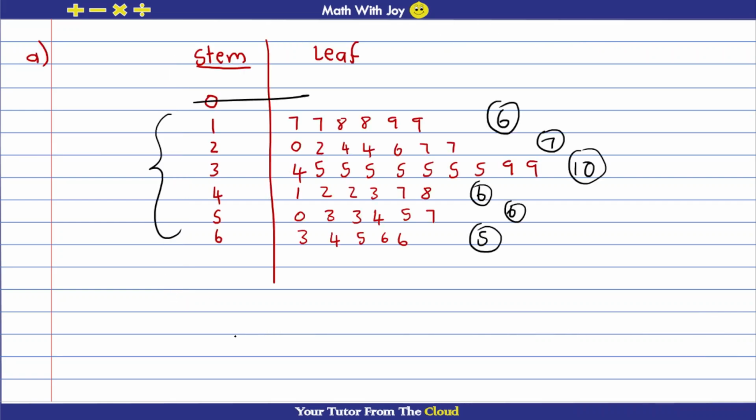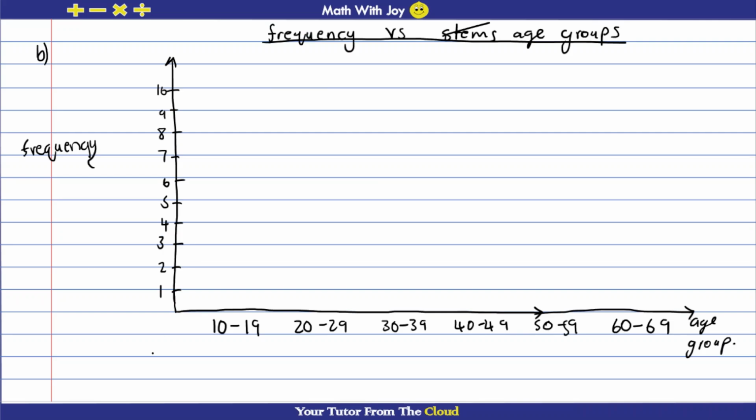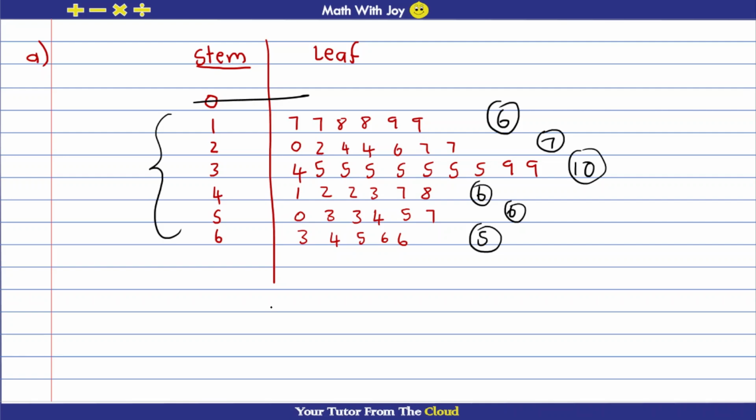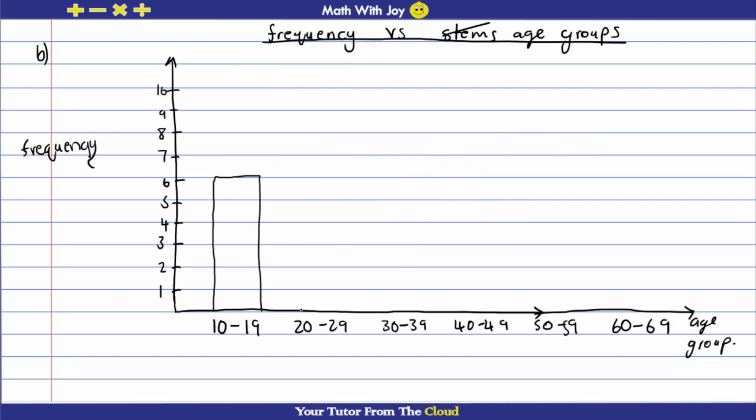All right, so we have ages 10 to 19. The frequency was 6, so we'll make this all the way till 6. The next one is 7, and the other one will be 10, way up there at the top.